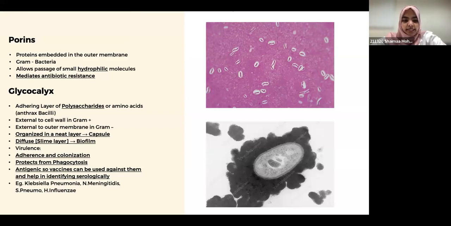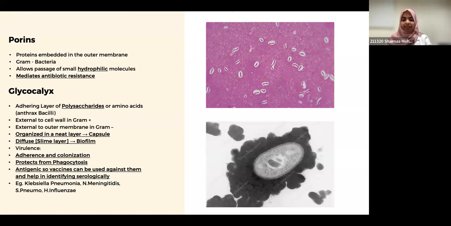What are some examples of bacteria with a capsule? Klebsiella pneumoniae, which I heard you guys didn't really take, Neisseria meningitidis, Streptococcus pneumoniae, and Haemophilus influenzae. What is common between all these encapsulated bacteria is that they all cause meningitis.